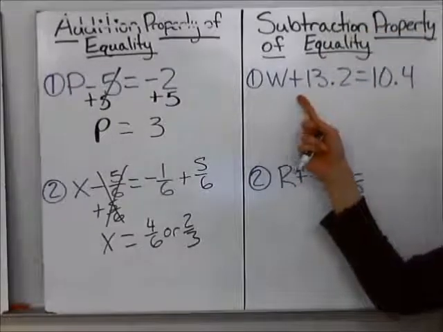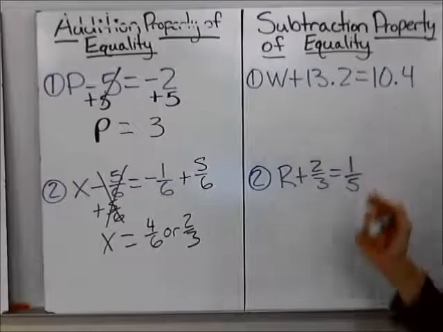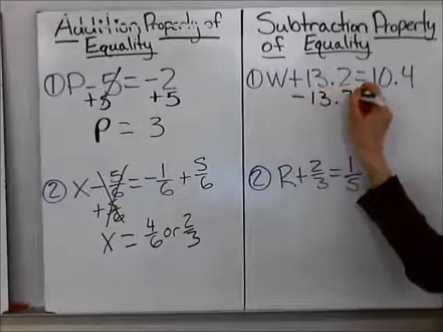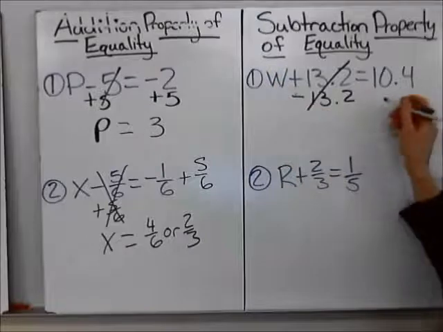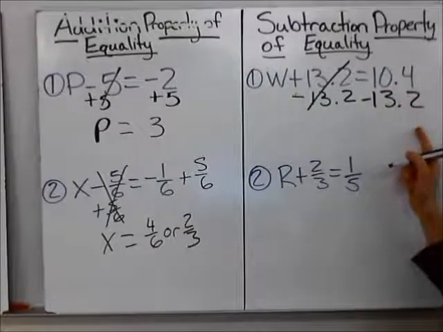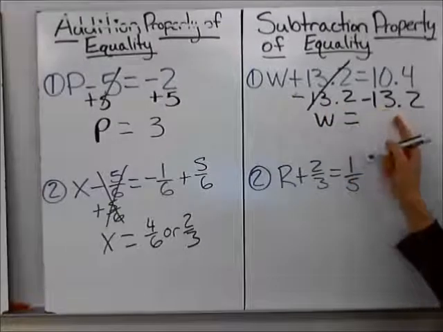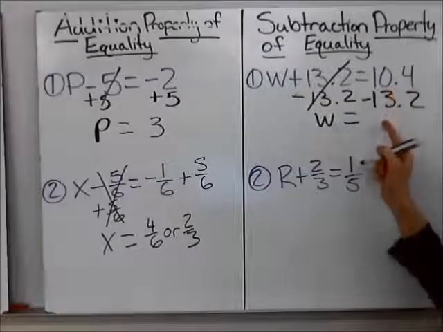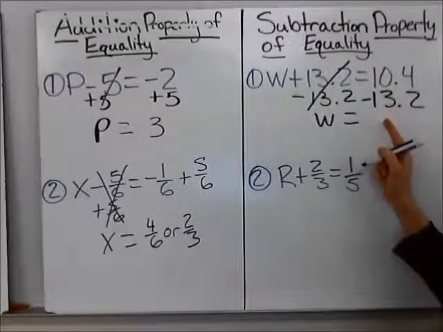So look here, we have w plus 13 and 2/10 equals 10 and 4/10. So if I subtract 13 and 2/10 from this side to cancel this out to get w alone, I have to subtract it from the right side also. So I'm left with w equals, and remember, when you have a positive and a negative, you're going to subtract the two number values and you're going to take the sign of the greater absolute value.